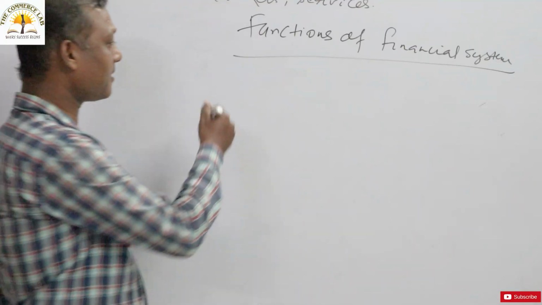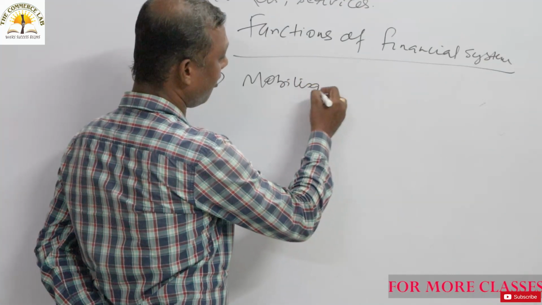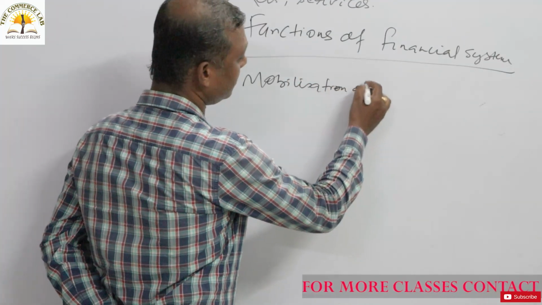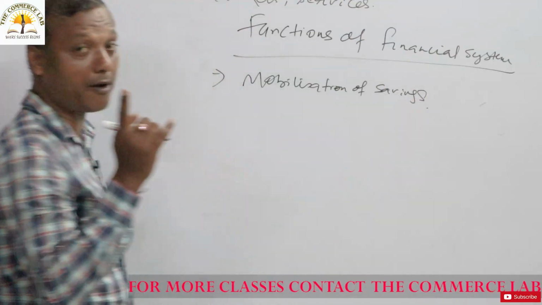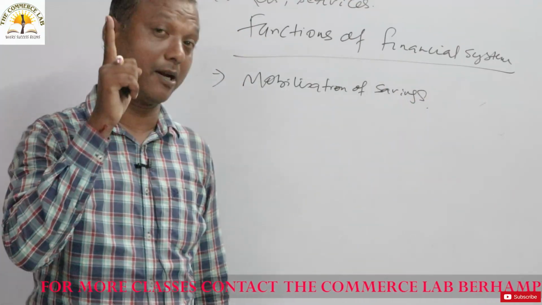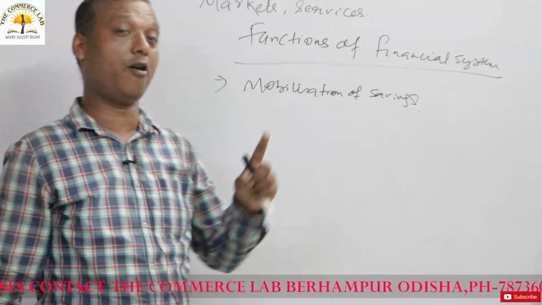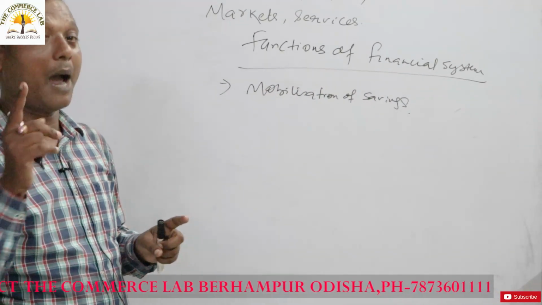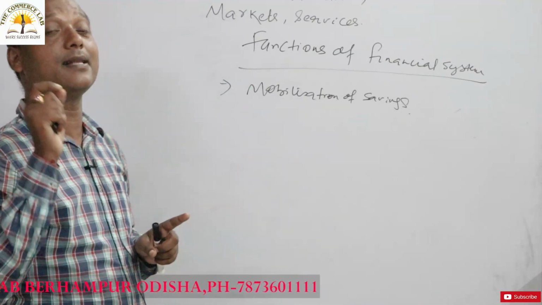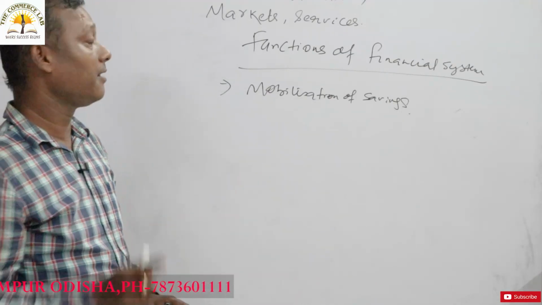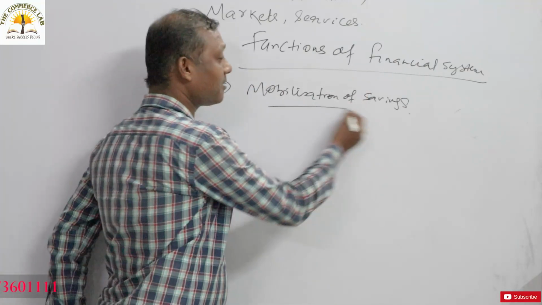Regarding the functions, let me write that the first and foremost function of the financial system is the mobilization of savings. Very important point, you should understand. I'm not talking only about the financial system in India, but about the financial system of each and every country. The first function of each and every financial system is the mobilization of savings.